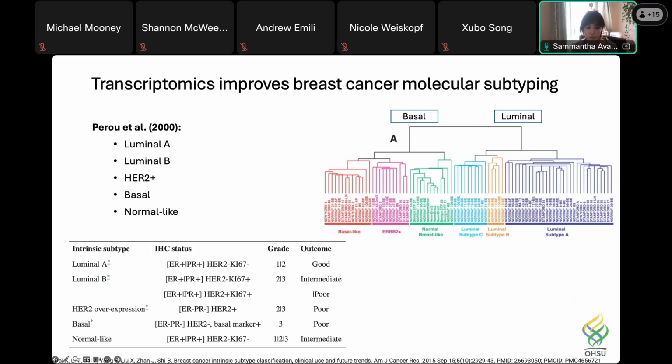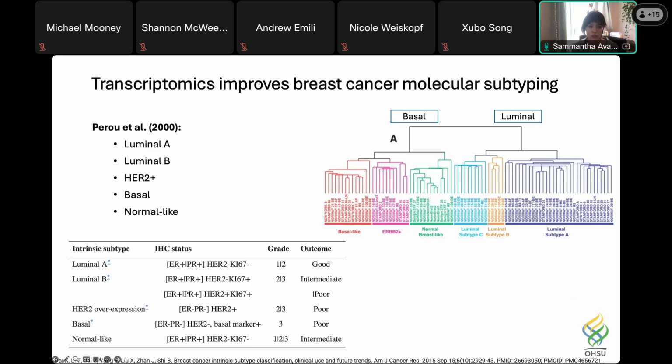In 2000, by using cDNA microarrays to study the gene expression of 78 breast cancer samples, through hierarchical clustering analysis, Perou et al. was able to identify the 5 molecular subtypes, including luminal A, luminal B, HER2 positive, basal, as well as normal-like.